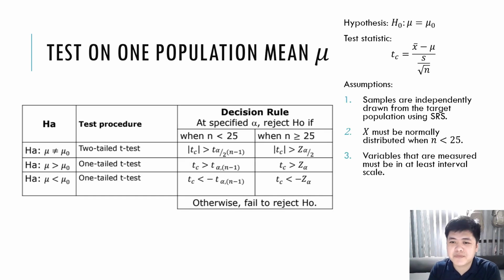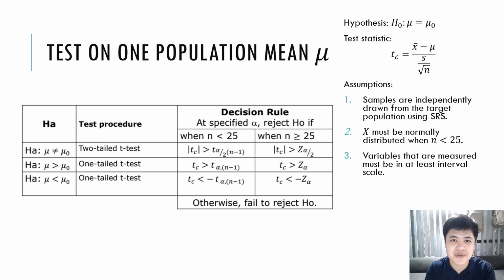So after satisfying all those assumptions, the next thing you need to do is to decide what test to be used. But again, katulad ng sinabi ko kanina, we will assume that all those assumptions were satisfied sa mga tests na gagawin natin.